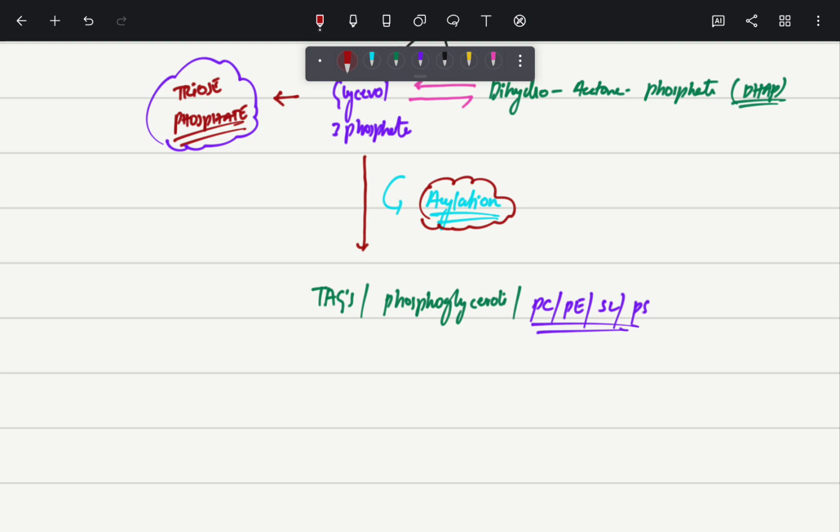Now we have to understand how the acylation process is done, and how from glycerol 3-phosphate we can synthesize triacylglycerols and phosphoglycerols.